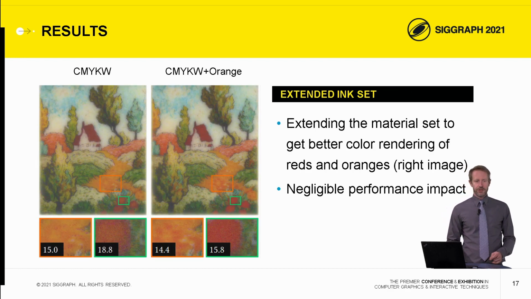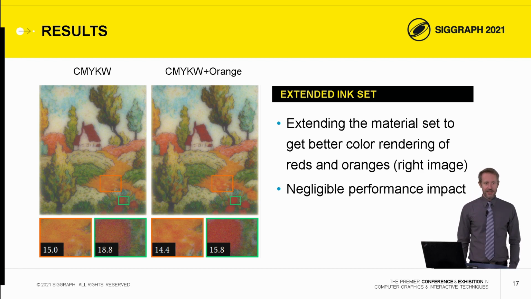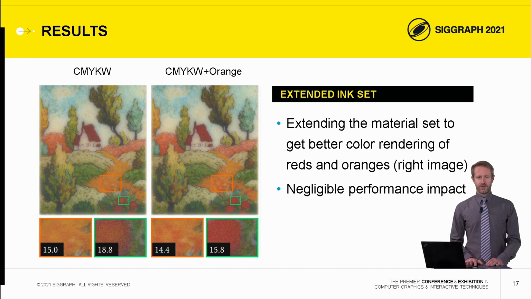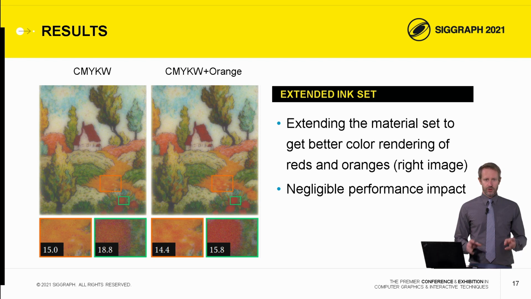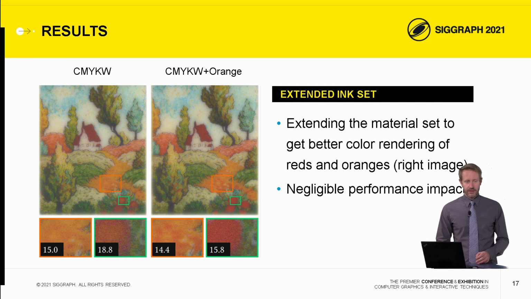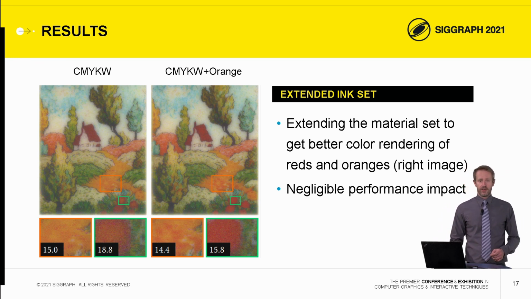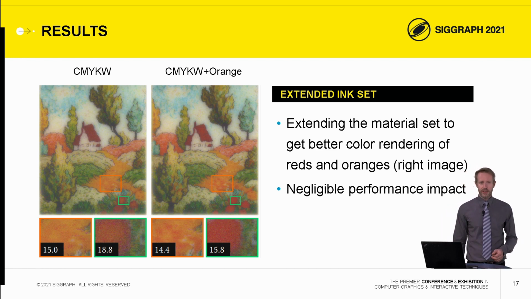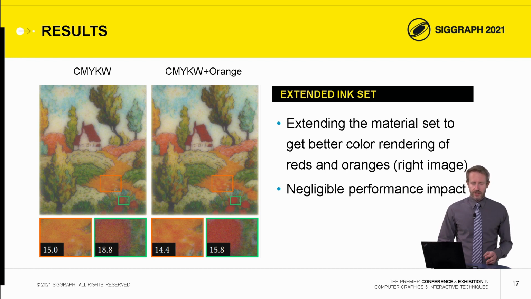And here's one further use case. We call it the extended ink set. So for the left image, the optimizer was just given the cyan, magenta, yellow, black and white materials to choose for mixing the inks, and on the right image the optimizer was given an additional ink which has an orange color, and you can see the optimizer is making good use of it by increasing the color rendering in the flowers and in the orange spots in the walking path.